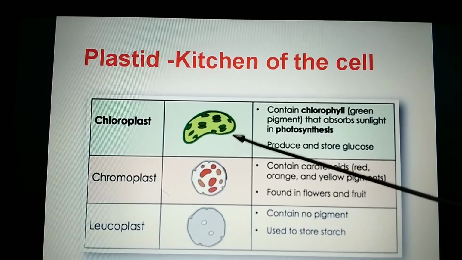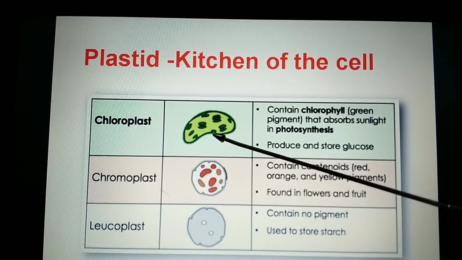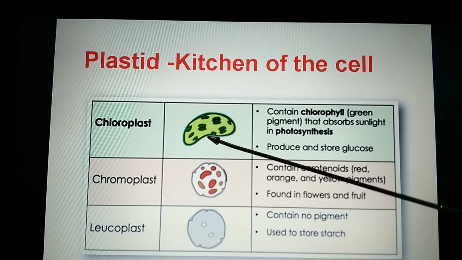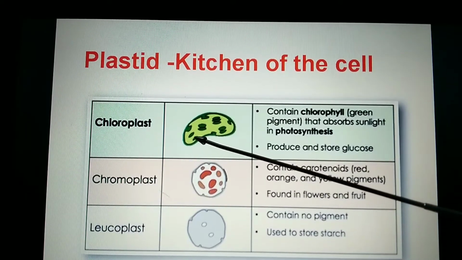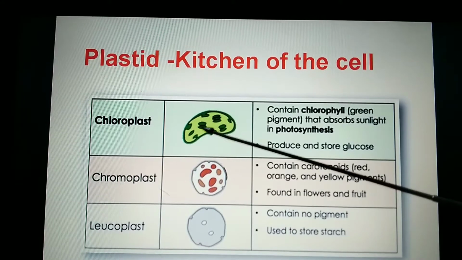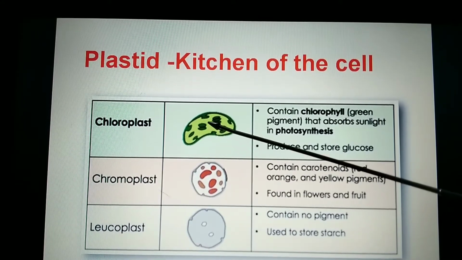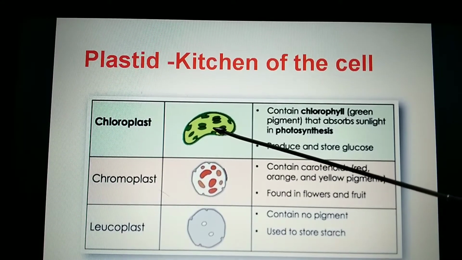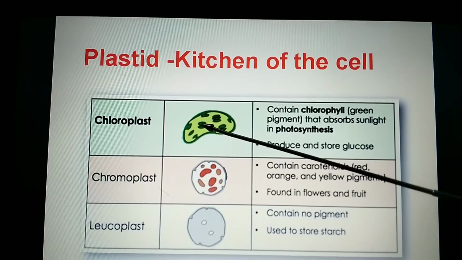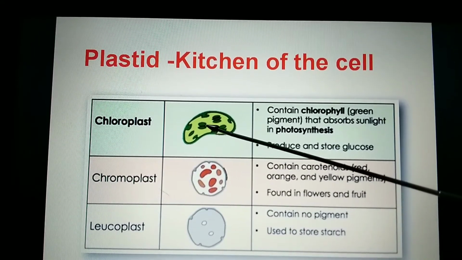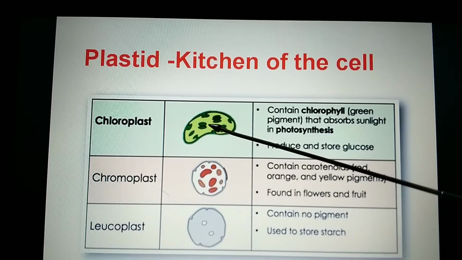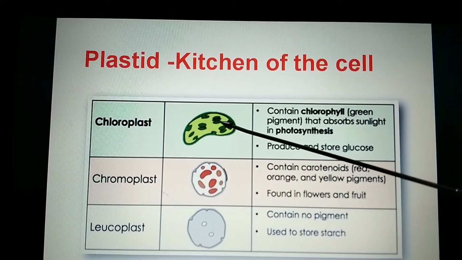Each chloroplast is bound by a unit membrane. Inside the chloroplast are the grana. These are stacks of membrane bound flattened discoidal sacs that contain the molecules of chlorophyll.